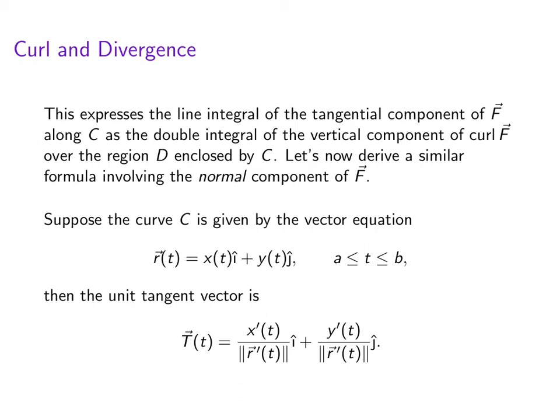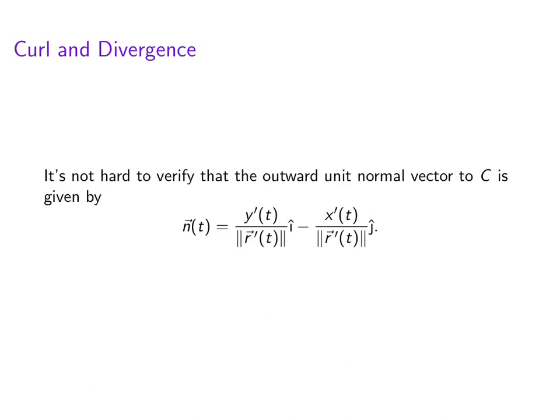You might want to go back and look up how we computed the unit tangent vector. And it's also not hard to verify that the outward unit normal vector to the curve is given by this. First of all, this is a normal vector, and if you dot this with the tangent vector, you'll get 0. And that's what you want for a unit outward normal vector to the curve.